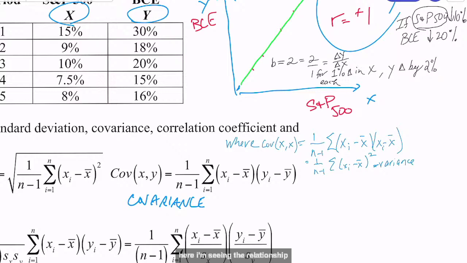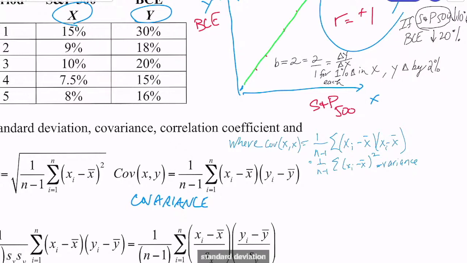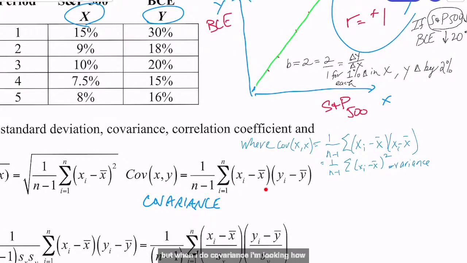Here I'm seeing the relationship of x with itself, and it's capturing how spread out the data are, right, for the variance, and then I take the square root to get the standard deviation. But when I do covariance, I'm looking how the variables covary, how they correlate, but I'm doing it with their actual unit values.